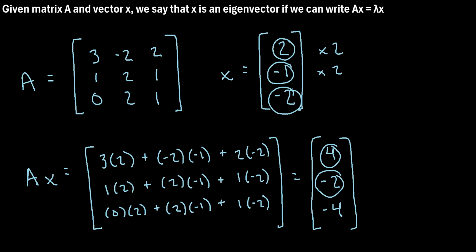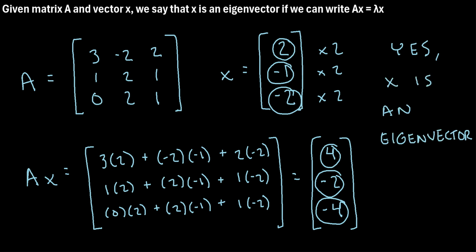And negative 2 times what would get us this last value? That would also be a times 2. So we can see that 2 is the constant that we can multiply x by in order to get this final vector right here. So we would say that, yes, x is an eigenvector. And moreover, we can say that lambda, this is actually the eigenvalue, is equal to 2.